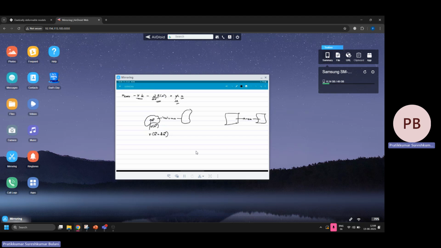Since A has lied here, the perturbation will lie very close to it, very near R of A plus delta A. Now, after taking this perturbation, I want to find the distance between them. Let me call that distance dl.